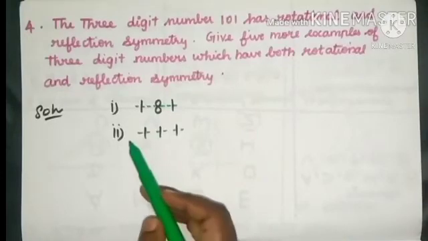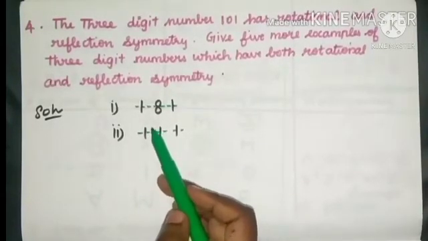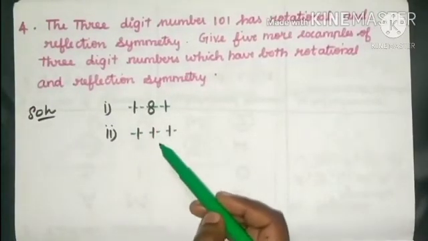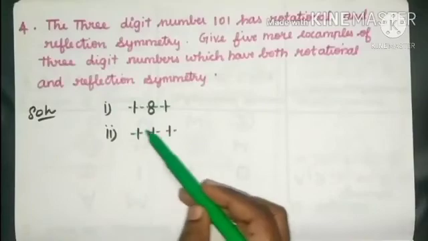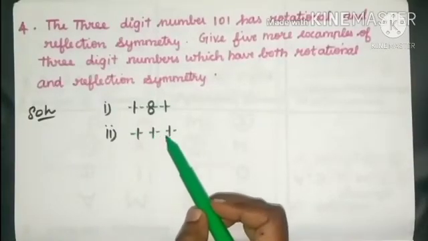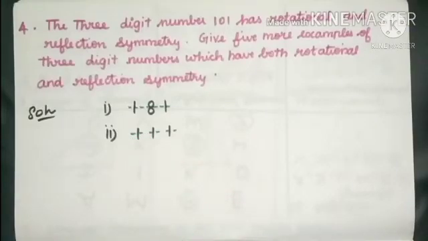If it has a line of symmetry, definitely it has also reflection symmetry. If we rotate the number 111, again we get back the position where it started in less than 360 degrees. So, the number 111 has both the rotational and reflection symmetry.